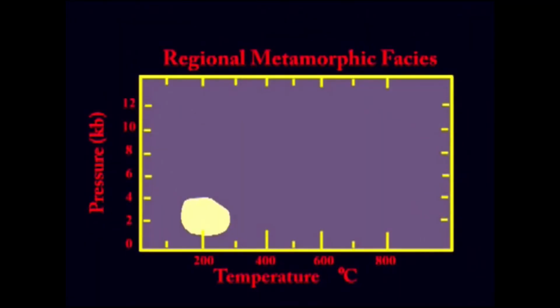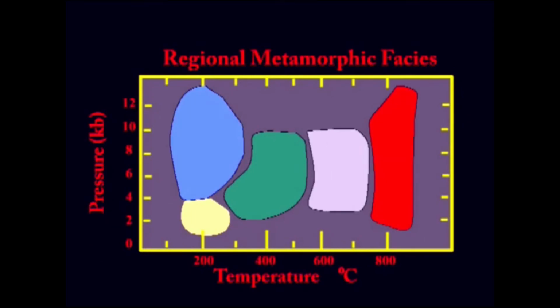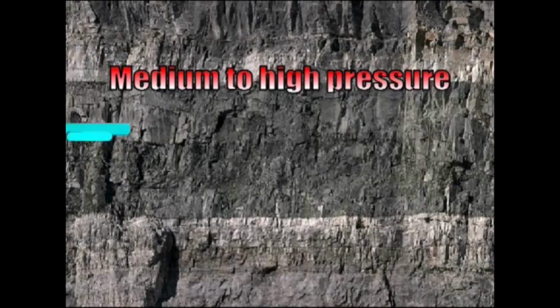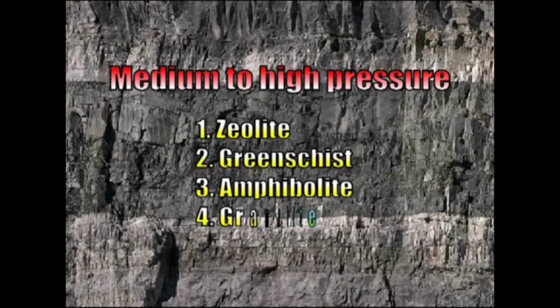In this learning module, we will discuss the medium to high pressure phases. On the basis of pressure and temperature, we can divide the medium to high pressure phases into 4 types, that is the zeolite phases, greenschist phases, amphibolite phases, and granulite phases.